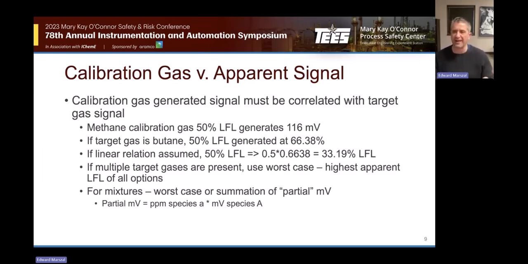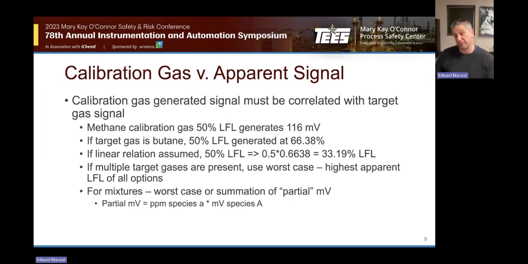For multiple target gases, it might be methane, it might be butane, it might be propane, but it's one of them. In this case, I've got a mixture. It's 50% methane, 30% ethane, and 20% butane. So I have a mixture that I'm trying to detect.